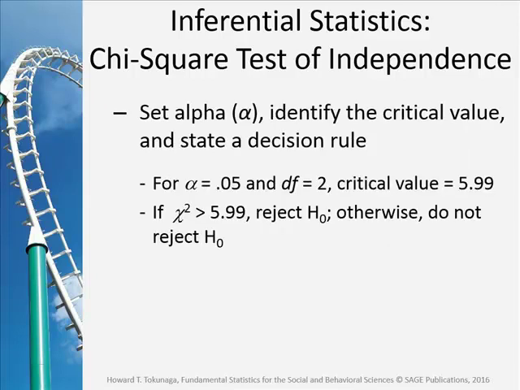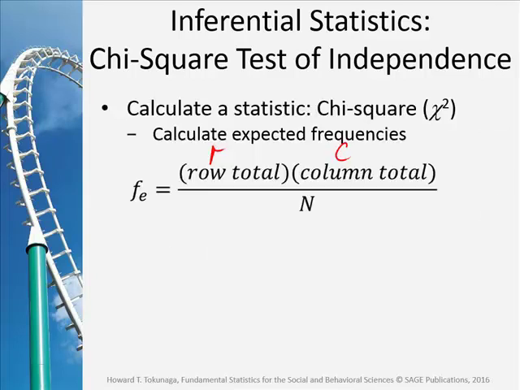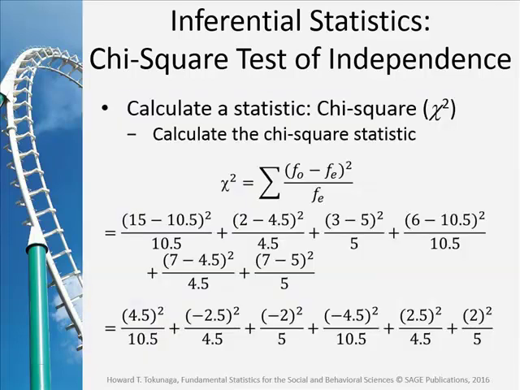A chi-square with 2 degrees of freedom, looking at your sheet, is 5.991. Again, I don't like the way that they show this, because now you have 6 of these to calculate.